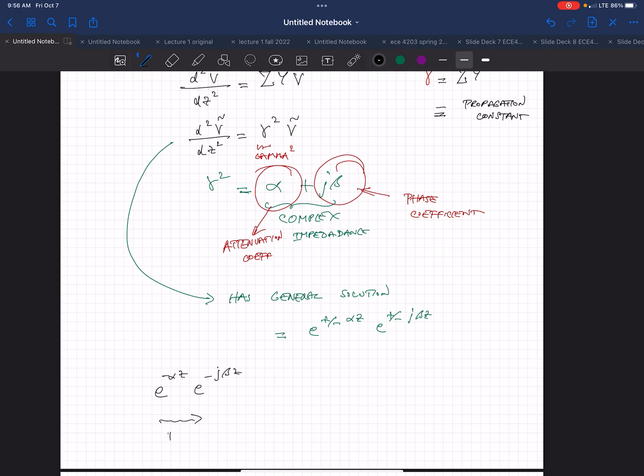That's a forward going wave. And e to the plus alpha z, e to the plus j beta z is the reverse going wave.